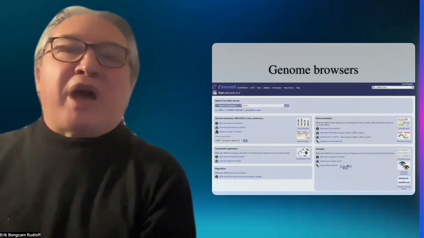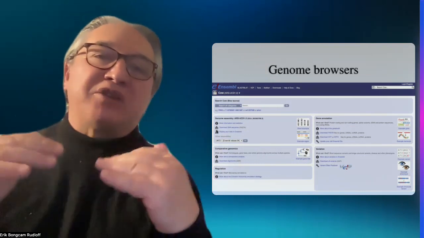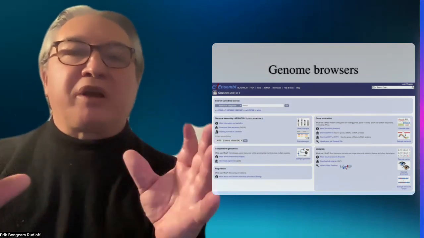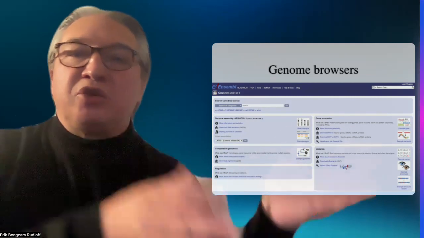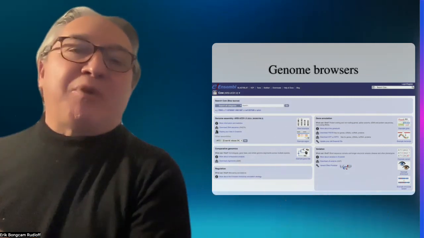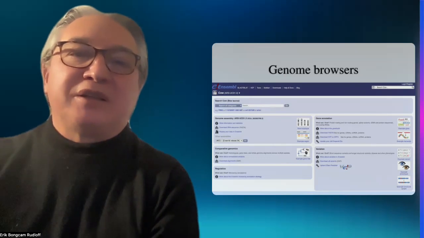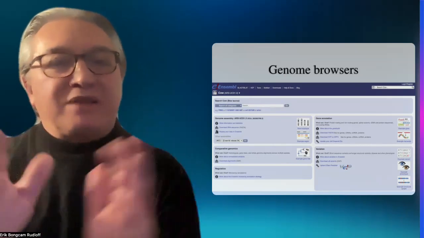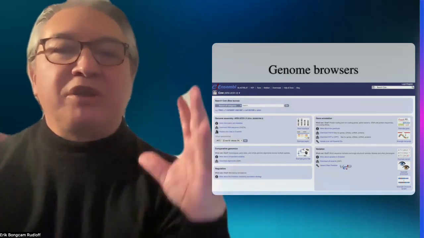Then you go to other species like the cow. The information is much less because the people working with the cow don't provide as much information to these guys as the human does. The same is for plants. Some plants are super well annotated with a lot of data, and some plants have very little. But all that depends on the community.